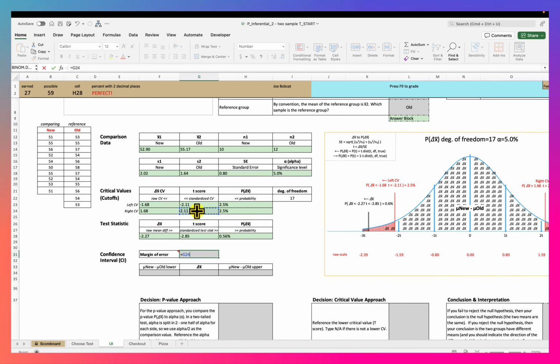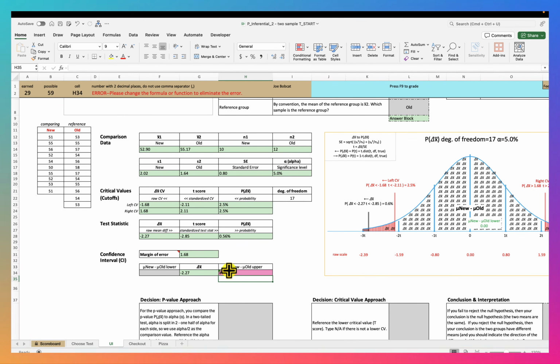Equals that times the standard error. 1.68. And then start again with delta x bar, which is this number, and then take that number plus the margin of error.